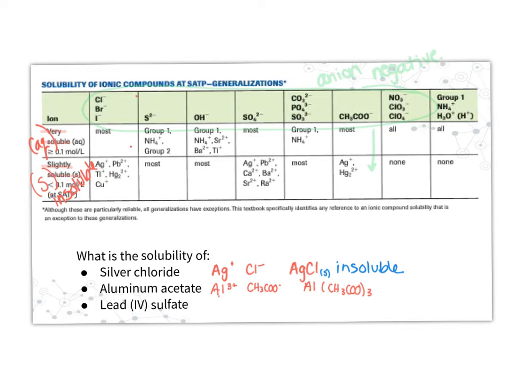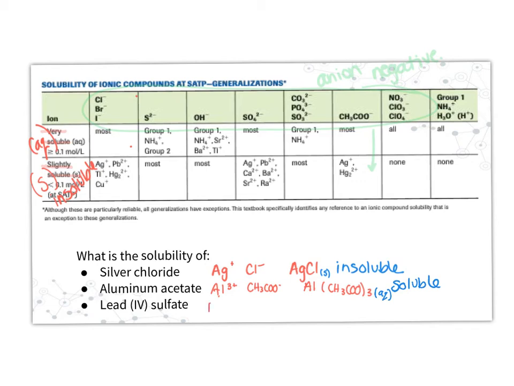Silver is an exception, and mercury 2+ is an exception. However, aluminum is not. Therefore, I can assume that aluminum falls into the most category. Therefore, aluminum acetate is soluble in water. If aluminum acetate was placed in water, I could write its state as aqueous.